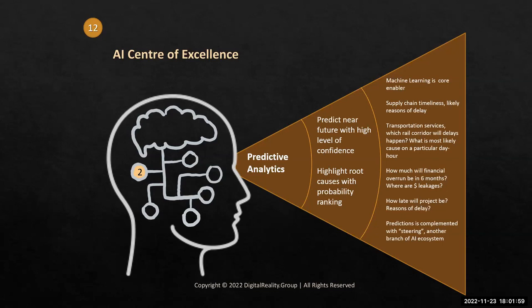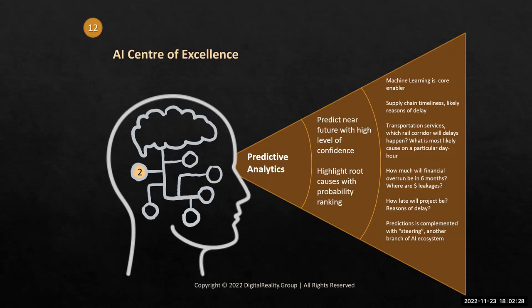So predictive analytics, how does it help the business? Basically, they can predict supply chain timeliness, whether things will arrive in time, for example, for Coles and Woolworths. If it is delayed, why would it be delayed? Transportation services like rail corridors, like the V-Line example, we can predict punctuality, we can predict availability of train services.